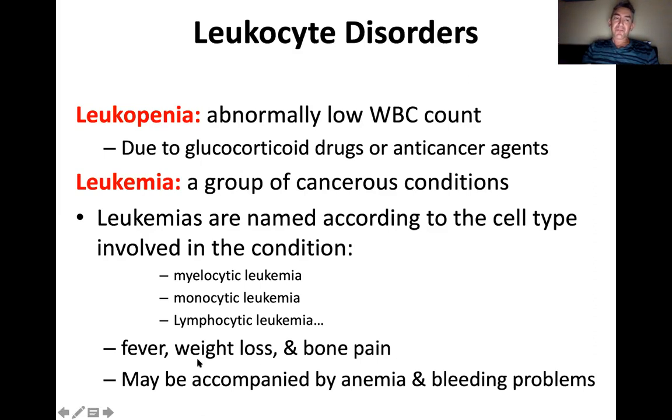Well, if we have leukemia, we have too many abnormal white blood cells that will start to diminish the hematocrit, so decrease the amount of red blood cells in circulation, diminish the platelet count, and that could be problematic as well. So not a nice condition for sure.